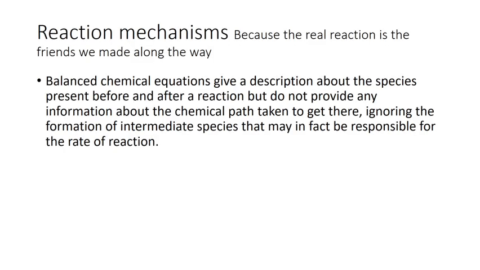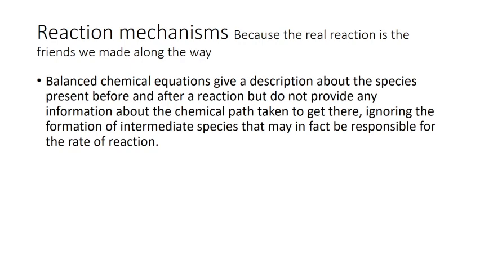Okay, reaction mechanisms. Here is where we start to break down some reactions. Balanced chemical equations give you a description of the species present before and after the reaction. However, they don't really give you any information about the path that is taken to get there.